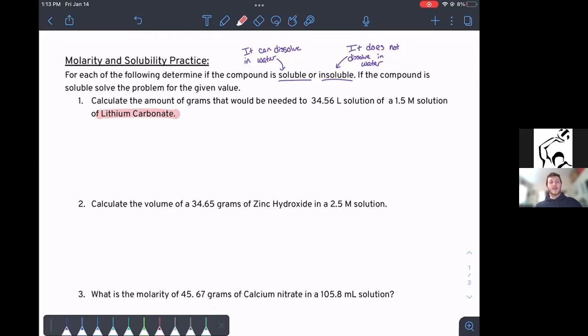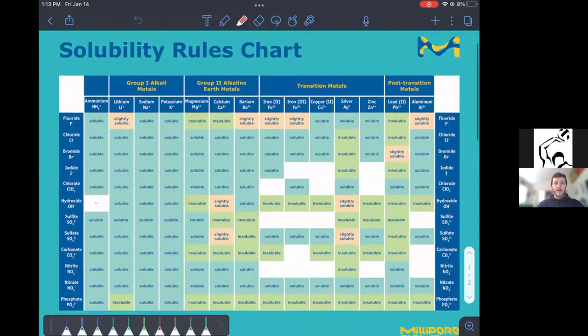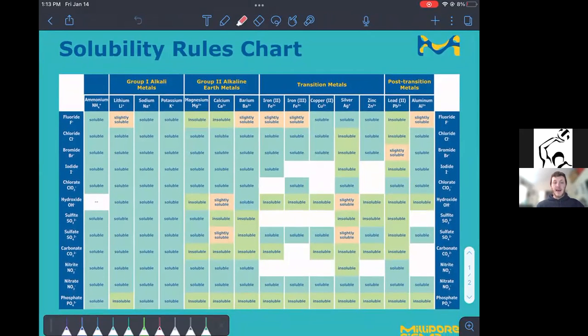So we have lithium carbonate. Once we know the compound, we can figure out, based on our solubility chart, if it's going to be soluble or insoluble. Now, this one is the one on Canvas. It looks a little bit different than the one you're going to have on paper.